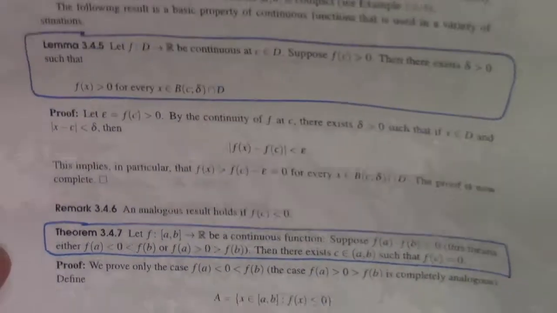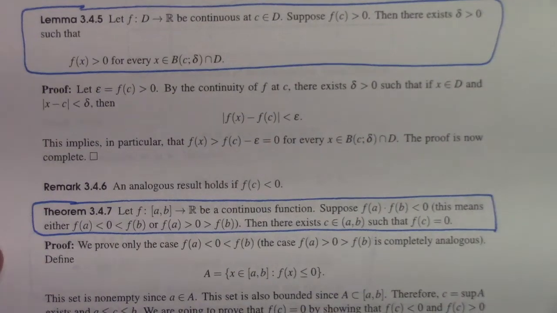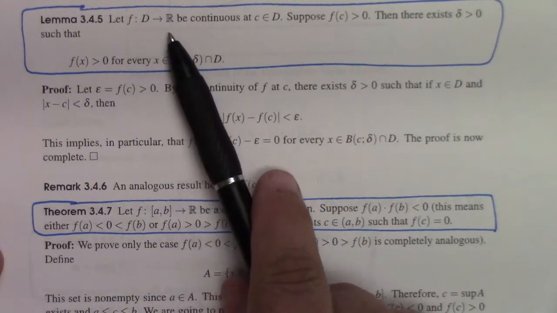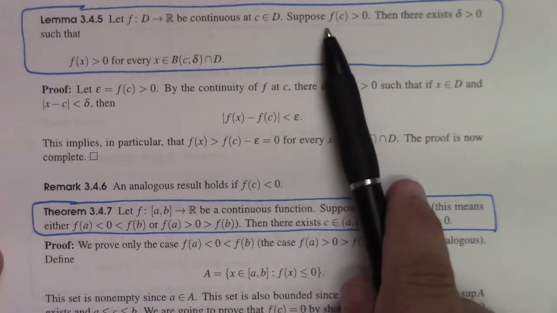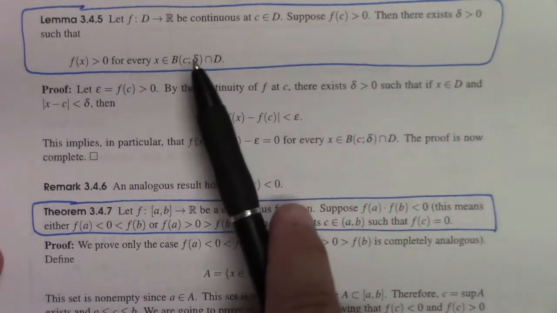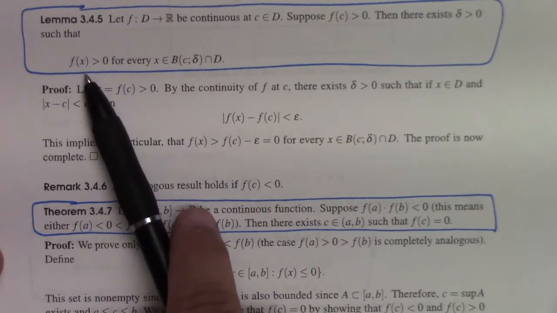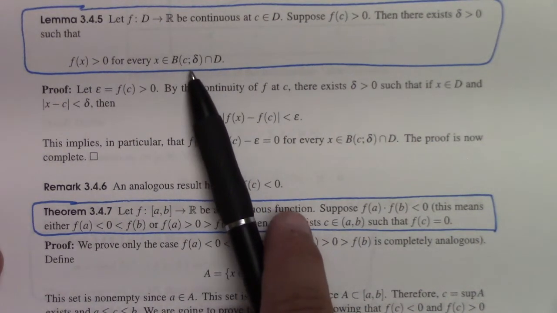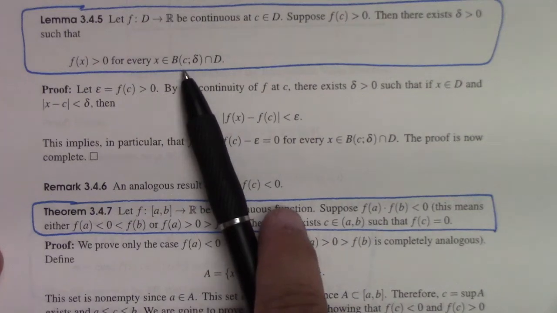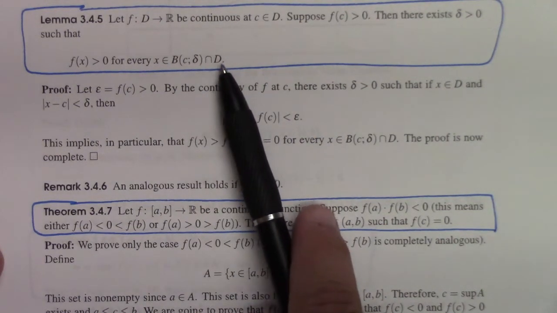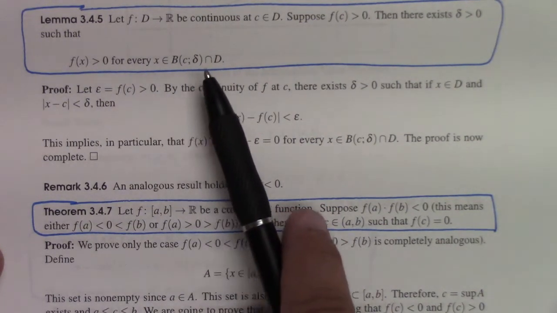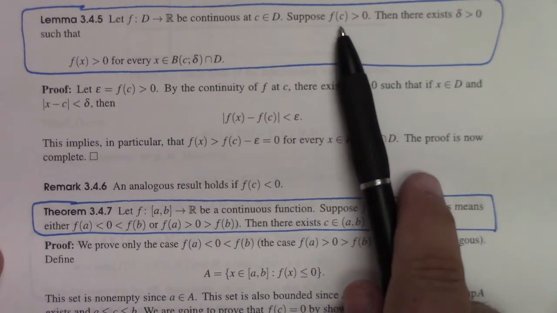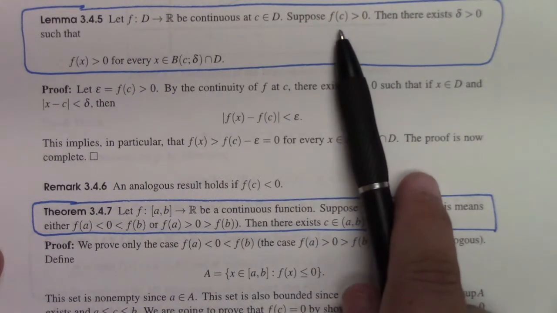Let's go on here. Lemma 3.4.5: let f be continuous at the point c and suppose that f of c is positive. Then there exists a delta greater than 0 such that f of x is positive for every x in the intersection of the delta ball centered at c and the domain D. In other words, if your function is continuous and positive at one point, then if you're close enough to that point, it's going to stay positive.